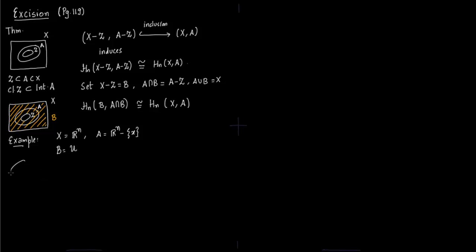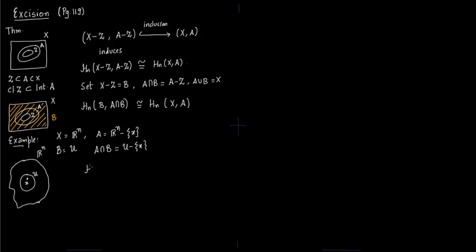So B is some set U which is a neighborhood of point x. So big space Rn, small point x, and U is the neighborhood. Okay, now A intersection B is U minus x.